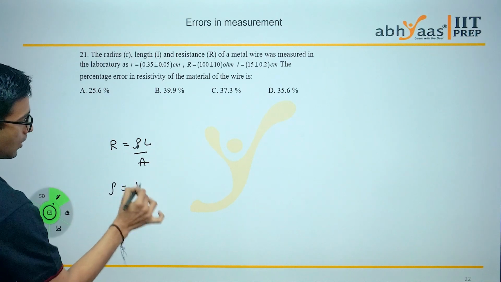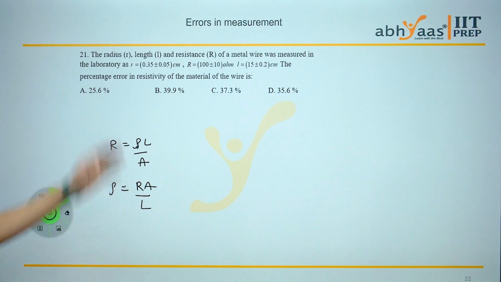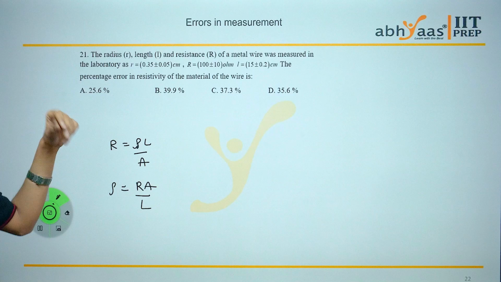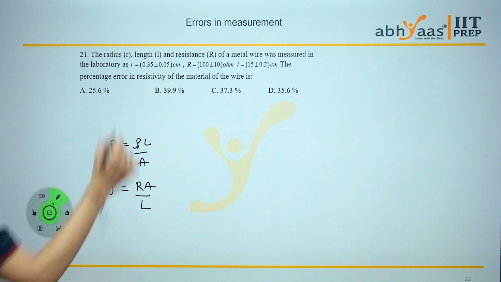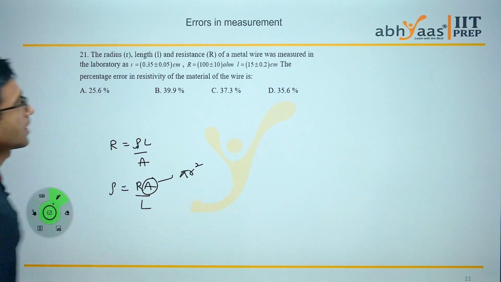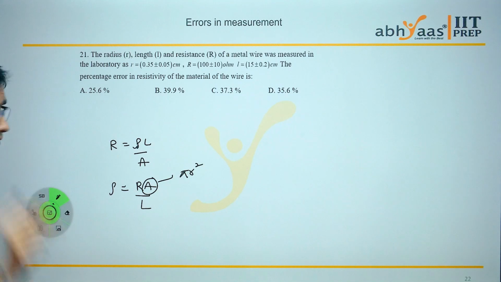Rho is equal to RA by L. Here he has given the radius, length, and resistance. Area can be written as pi r square because it is a circular wire.